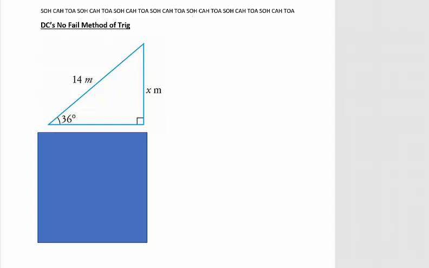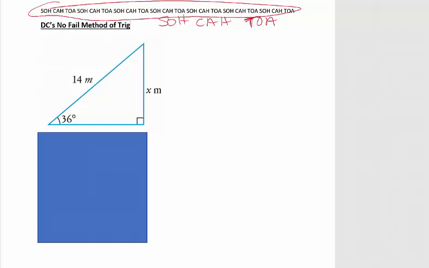So the first step that I always insist on is writing the SOHCAHTOA up the top. SOHCAHTOA. So with you guys, you can just write it once up the top. It's just a reference and it's really, really important. So hopefully you'll remember that sine theta equals opposite over hypotenuse.